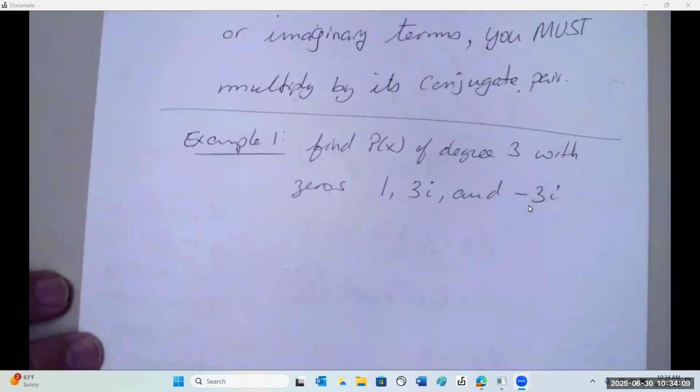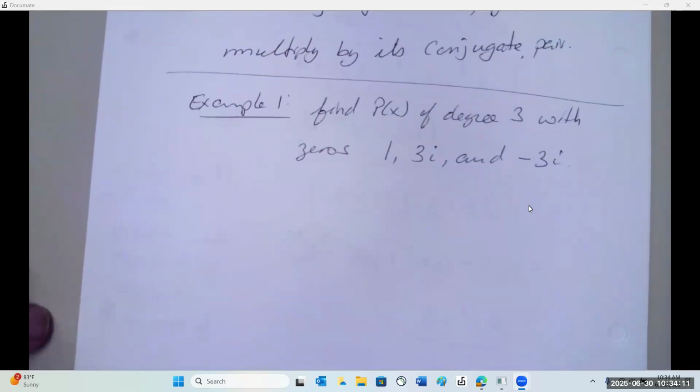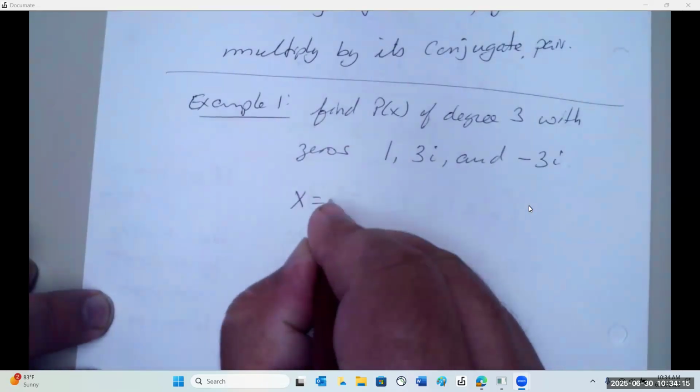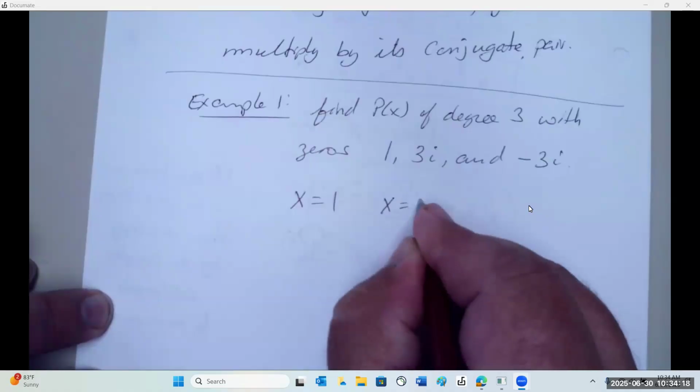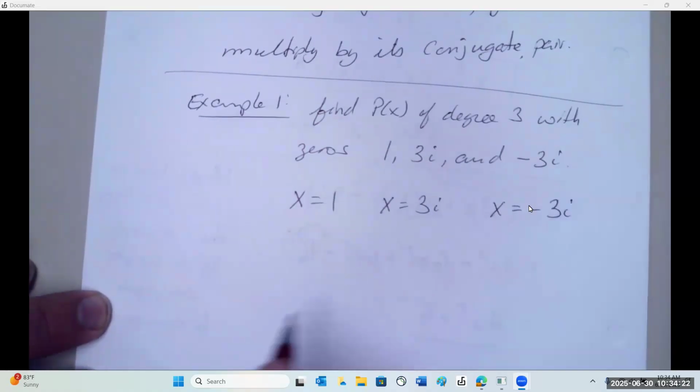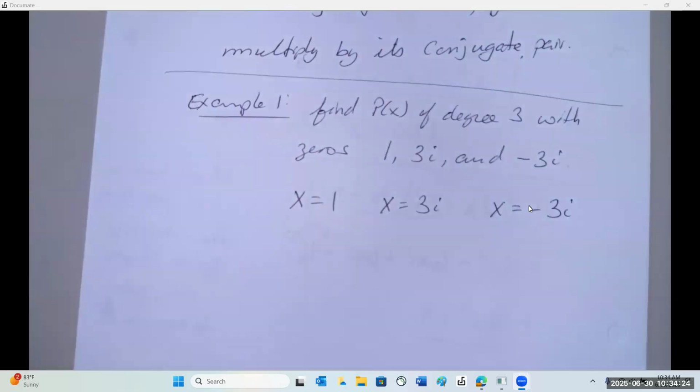So these are my zeros. What do I do first? Set them equal to x, because they're my zeros, or my x-intercepts.